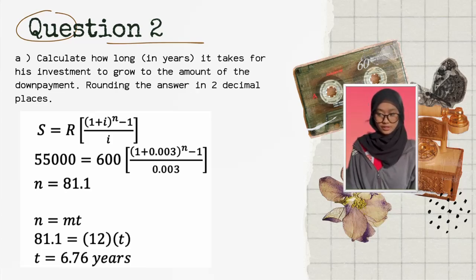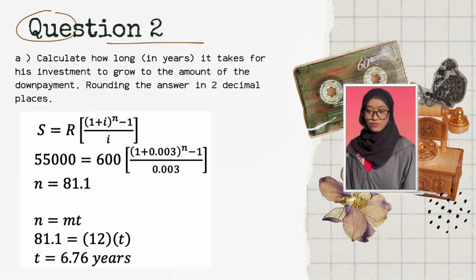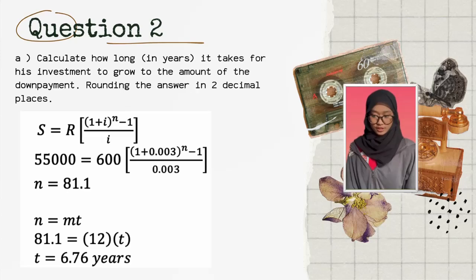We use the solve function and we get n equals 81.1. n equals m times t. 81.1 equals 12 times t. t equals 6.76 years.